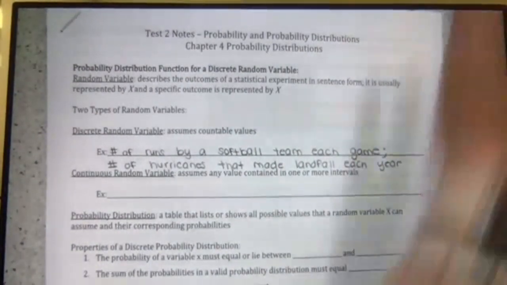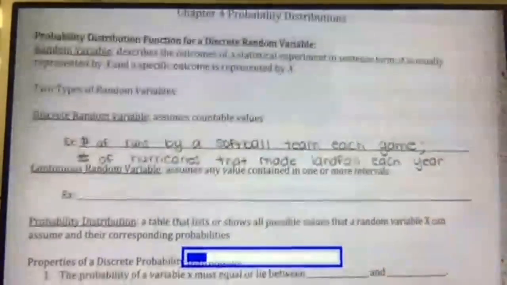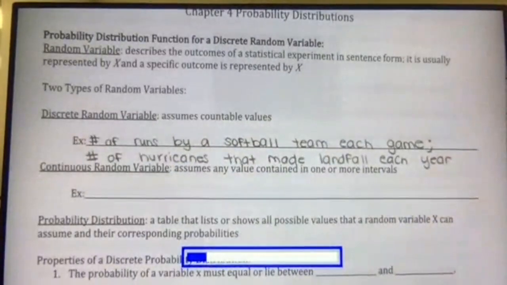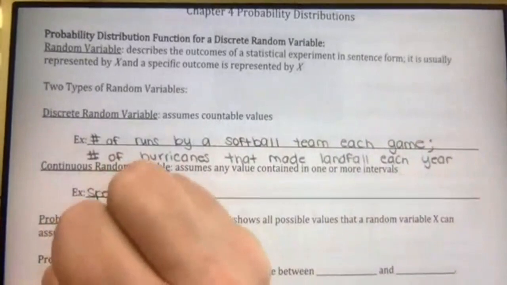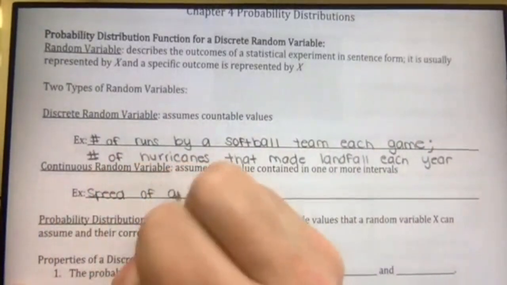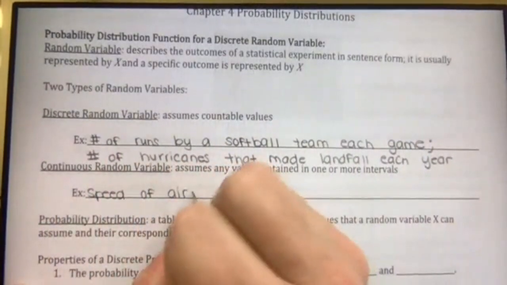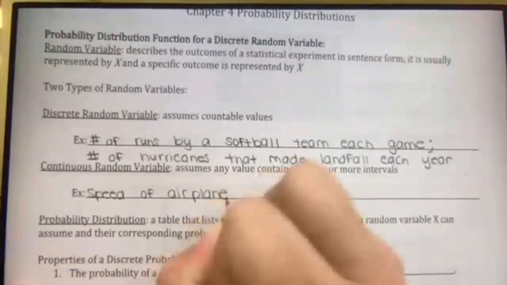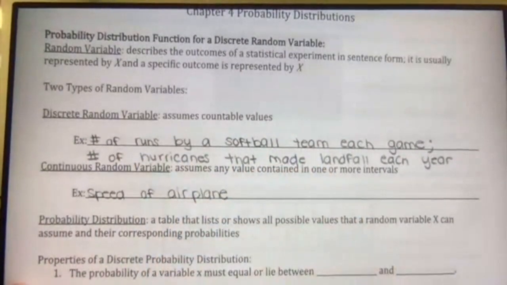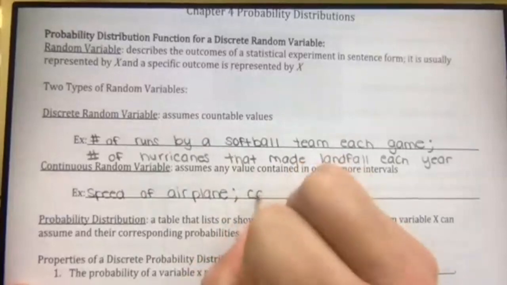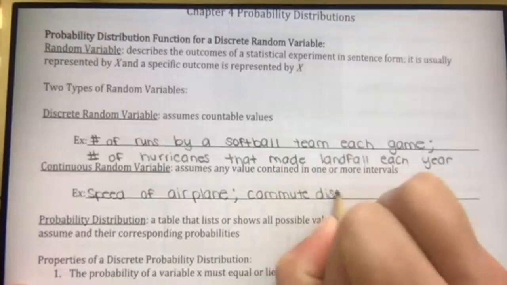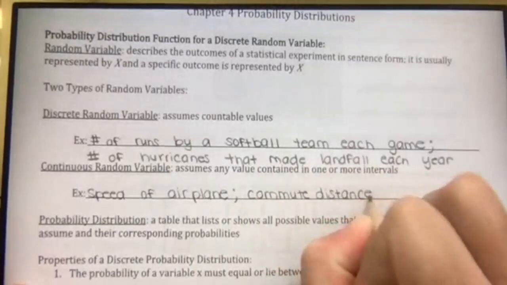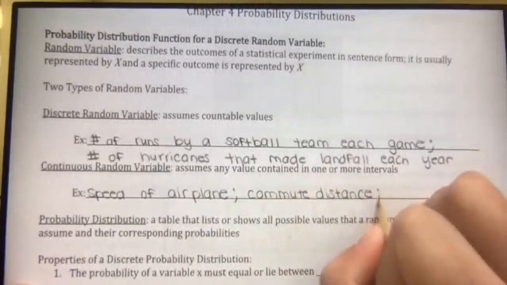Whereas the continuous, like we talked about before, assumes any value contained in 1 or more intervals. So some examples straight from the homework were the speed of an airplane, a commute distance, and amount of electricity.